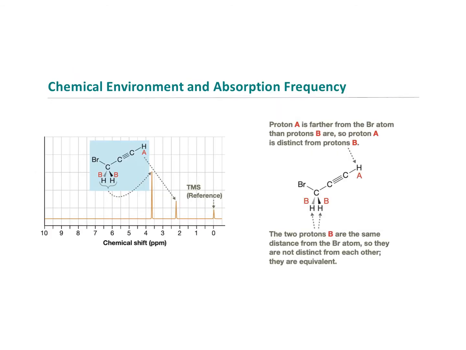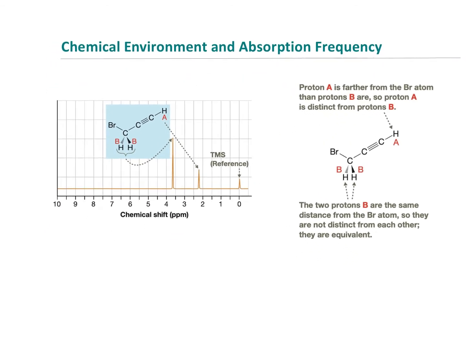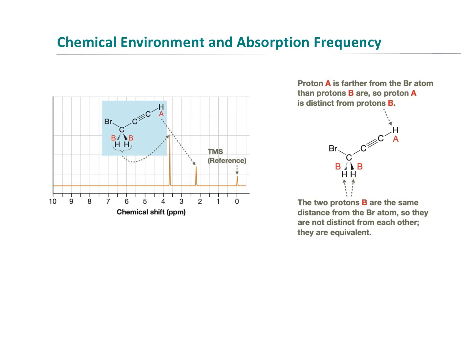So let's look at another example where we're trying to figure out how many signals we get. When I personally work this, I'm looking at Br CH2 C triple bond CH, okay?